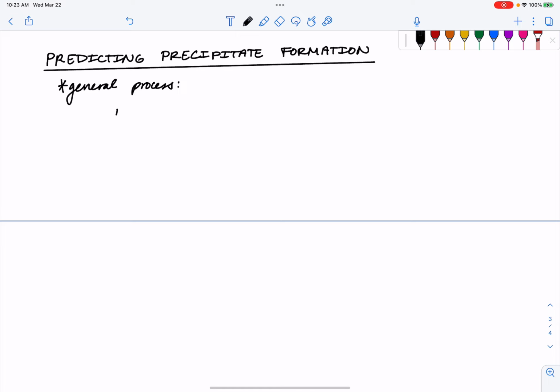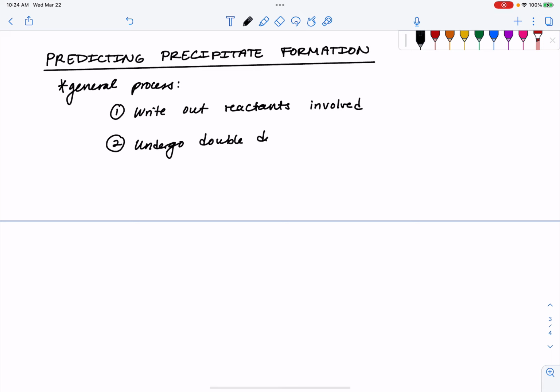the following. So first, we are going to write out our reactants that are involved. Then we are going to perform our double displacement, which again is where I say that our cations swap anions.